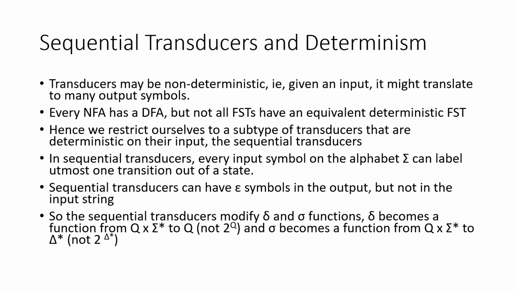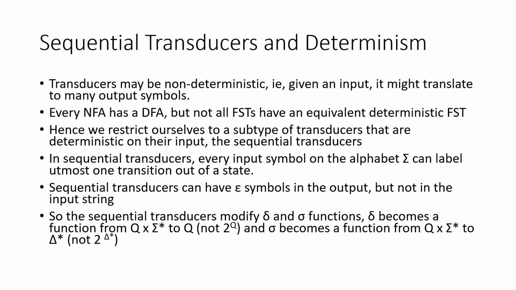So what we generally do is use an algorithm to convert from an NFA to a DFA, and we know any NFA can be converted to a DFA. But in the case of transducers, not every non-deterministic transducer has a deterministic transducer. So if you're working with non-deterministic transducers, it will be computationally very expensive.